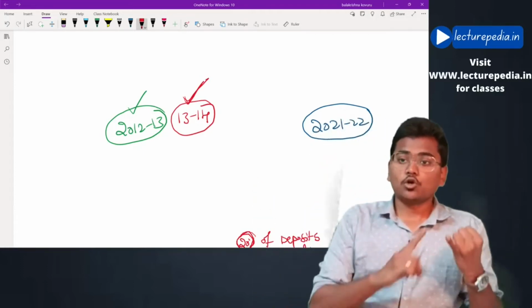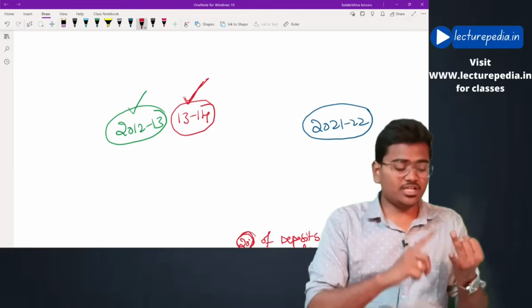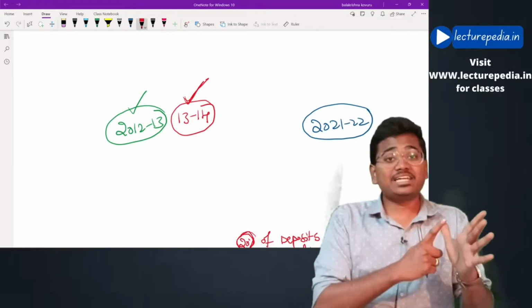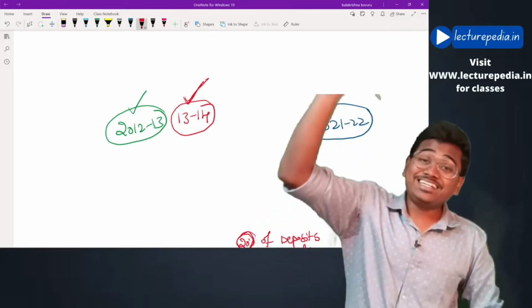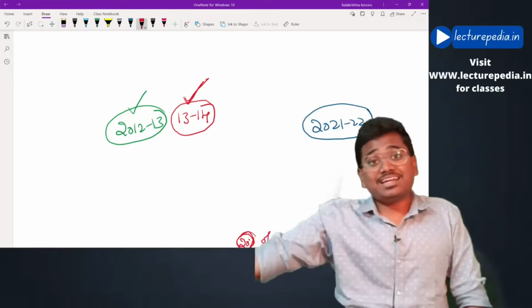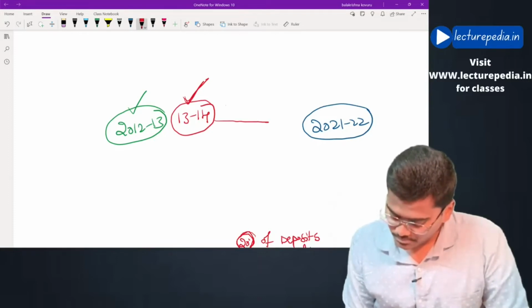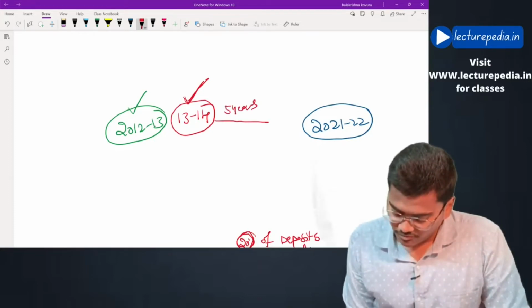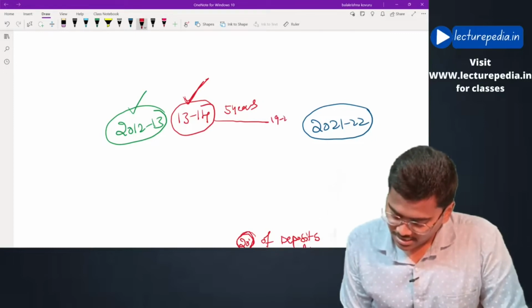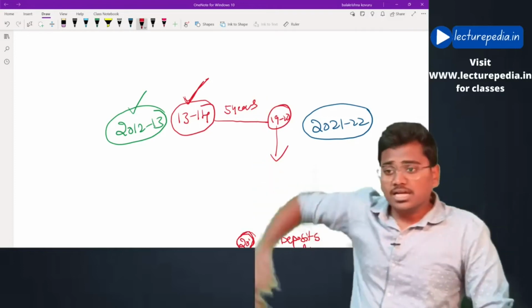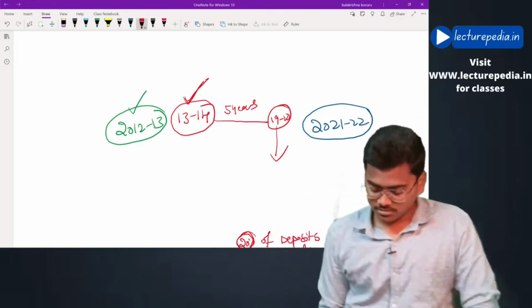That means 13-14, 14-15, 15-16, 16-17, 17-18, 18-19. That means in 19-20 the company can again raise deposits. 5 years means till 19-20, and from 19-20 onwards it can again raise deposits.